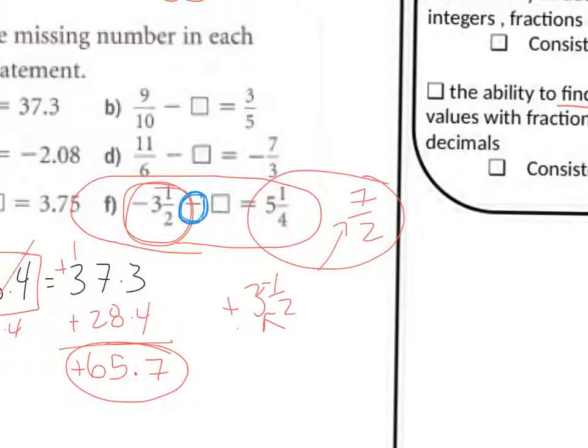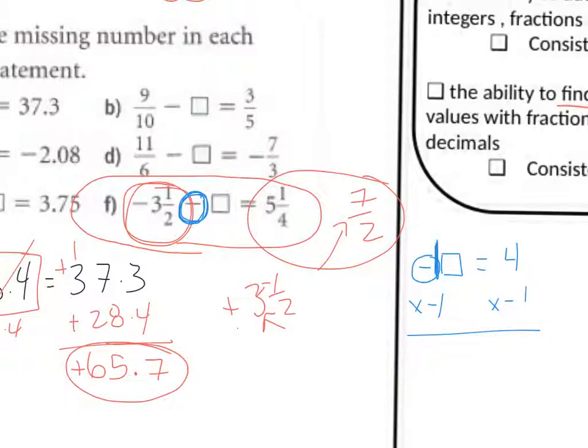So for example, I'll give you an example. Negative an unknown is equal to 4. It doesn't really matter what it is. If I want to get rid of this negative, I can times this side by negative 1. I multiply this side by negative 1. Essentially, this is negative 1 times negative 1.